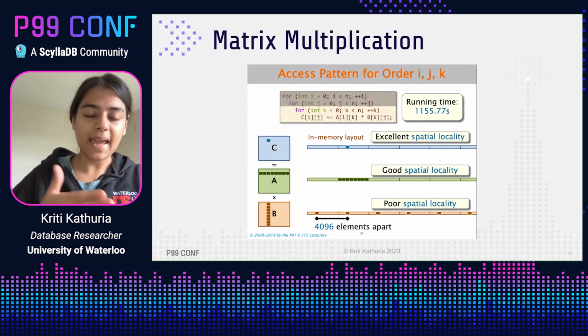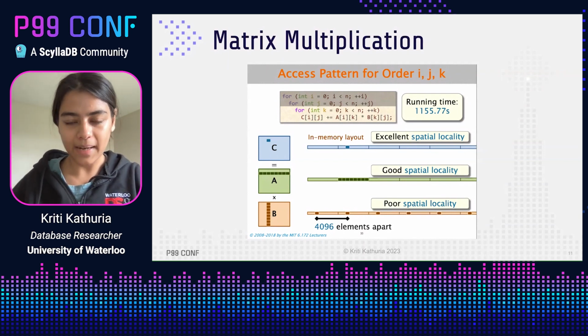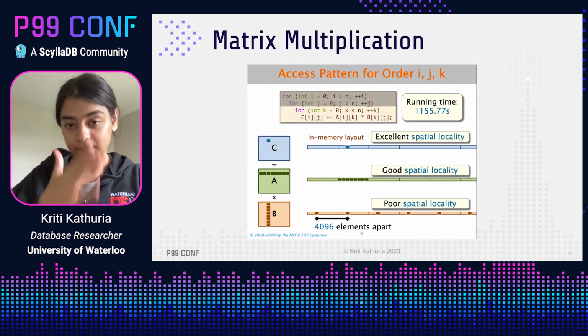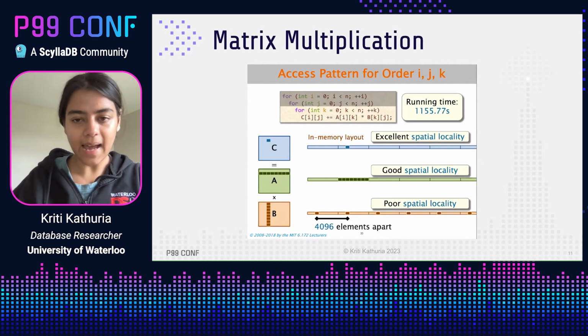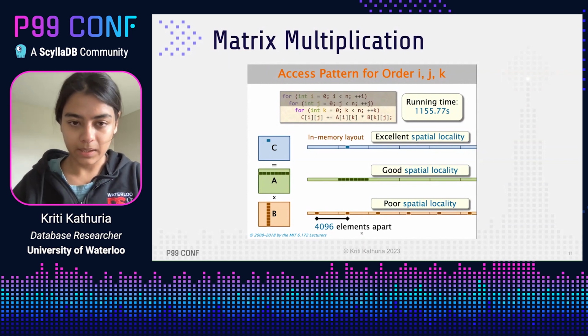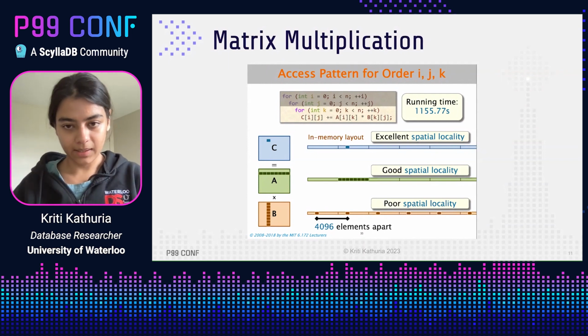And you have to do this every time B is getting accessed. So B is seeing a very bad access pattern, not an optimal access pattern at all. And which is why the running time of this particular access pattern becomes 20 minutes. So 3 minutes and 20 minutes.